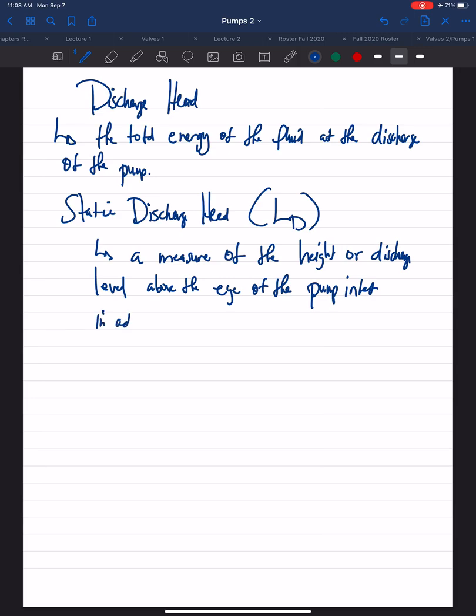In addition to the pressure exerted on the fluid, which in the open system we're saying is the atmospheric pressure.